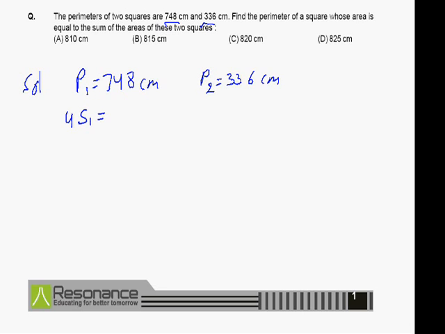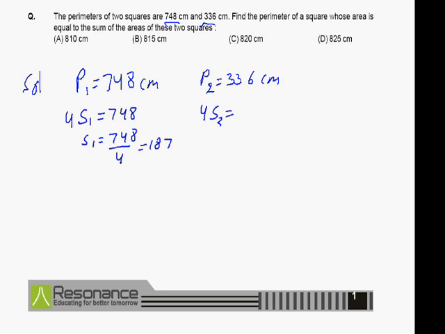As we know, the perimeter of a square is 4 times the side. Let the side be S1, so 4 S1 equals 748. S1 equals 748 divided by 4, which comes to 187. Again applying the formula, perimeter equals 4 times the side.